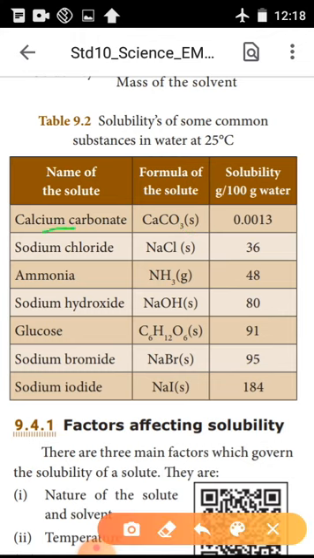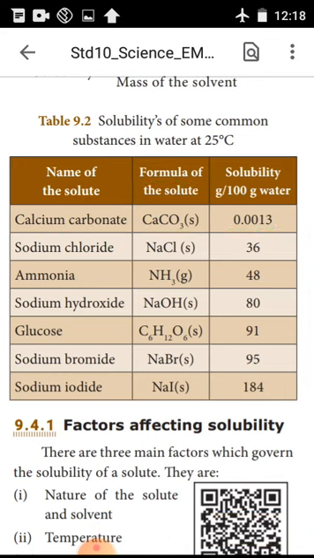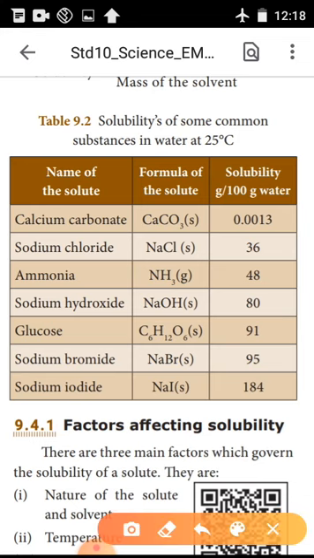The solubility value is 0.0013 gram. So what is the formula of calcium carbonate? CaCO3. What is the state? That is solid state.